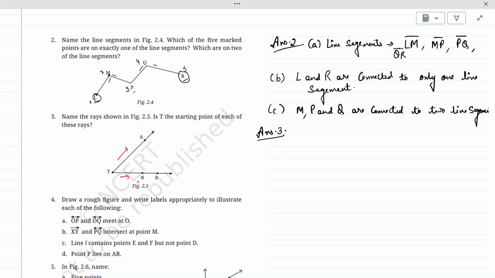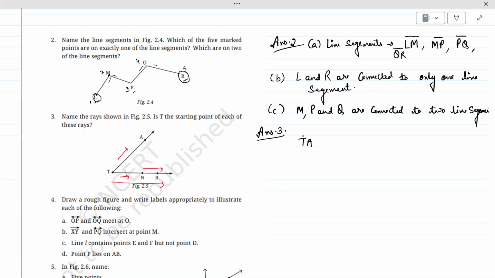And we have TB also. Also we have this ray NB. It starts with N and it is going in this direction, right? NB.